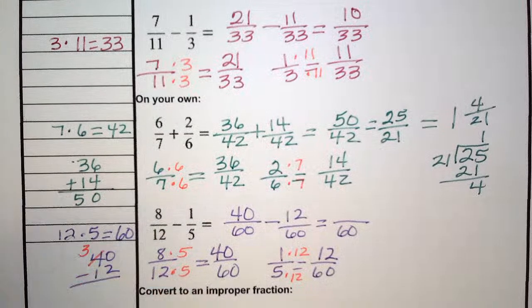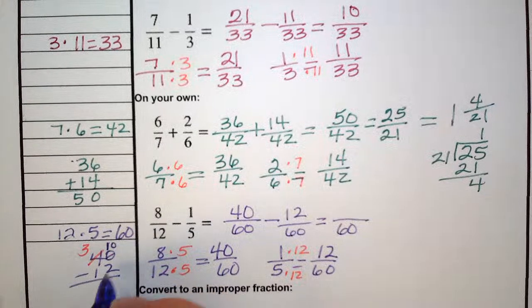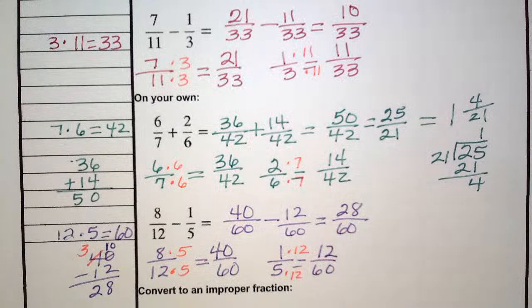This becomes a 3. This becomes a 10. 10 minus 2 is 8. 3 minus 1 is 2. So it's 28 over 60.